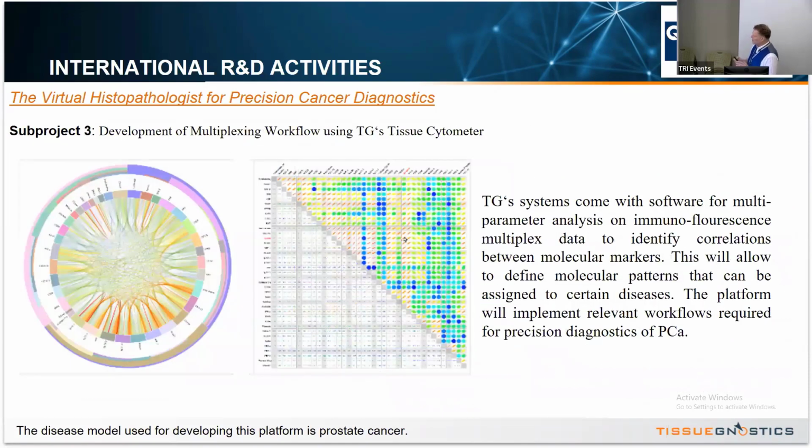The core of the whole histopathology project is, however, machine learning or deep learning to automatically correlate molecular markers.